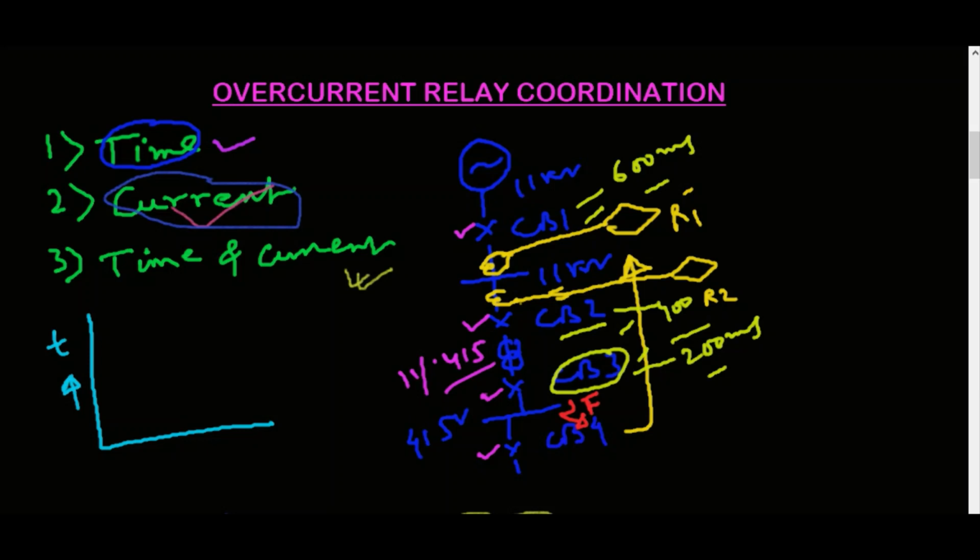So we have already discussed overcurrent relay coordination based on time discrimination and based on current discrimination, and there are some disadvantages to using only time discrimination or only current discrimination.